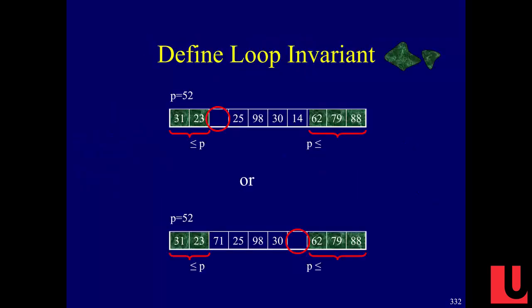All right, so we need a loop invariant. And the loop invariant is going to have to say where do we put the smaller ones, where do we put the bigger ones, where do we put the guys who we haven't looked at yet, how do we store them? And so our data structure is the smaller ones will be on this side, the bigger ones on this side, and the ones you haven't looked at are going to be in the middle. And we're going to have a hole. And why do we have a hole?